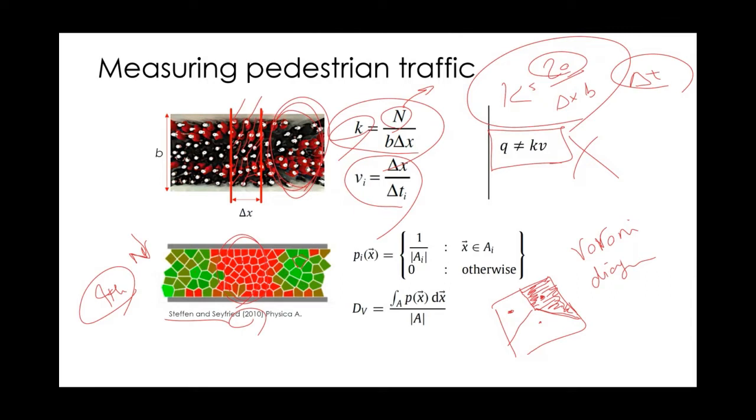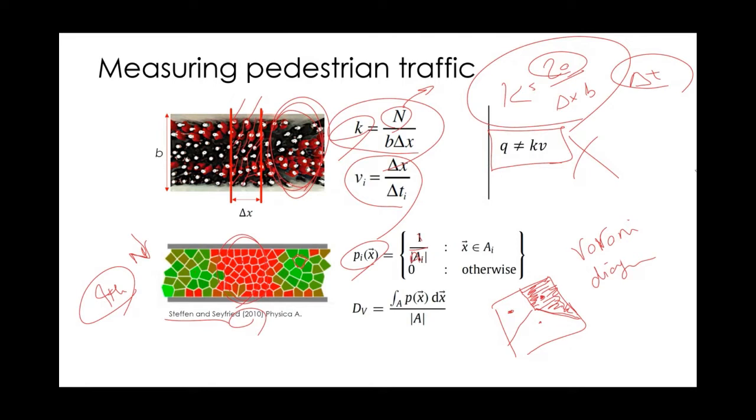So the local density measurement, let's call it p_i, is basically 1 over the area of this polygon for each individual pedestrian. So I have a local density measurement for every single pedestrian, which is 1 over the area of the polygon around that pedestrian.